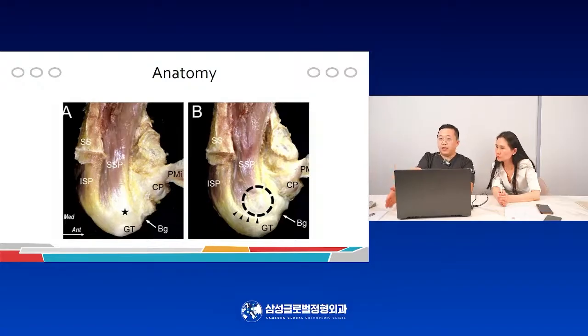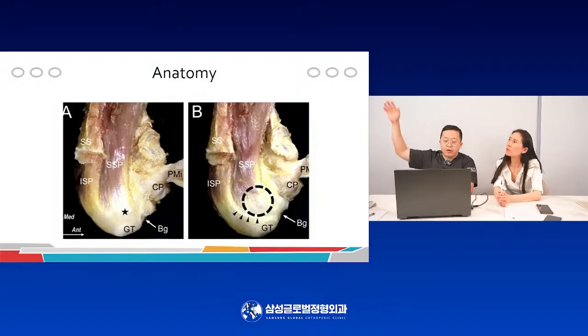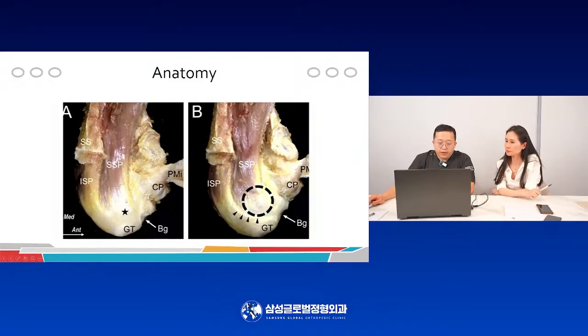We can easily do forward elevation, or we can easily do abduction. This kind of motion is possible with that muscle and tendon, okay?